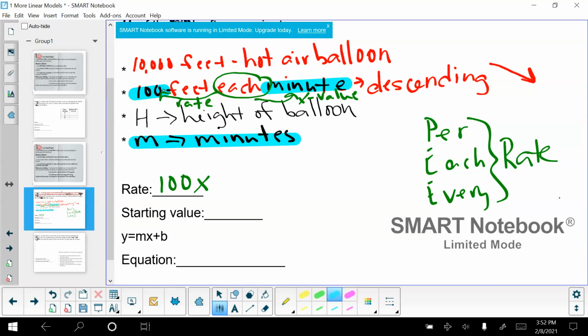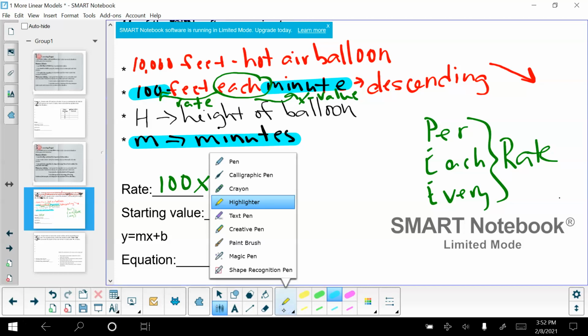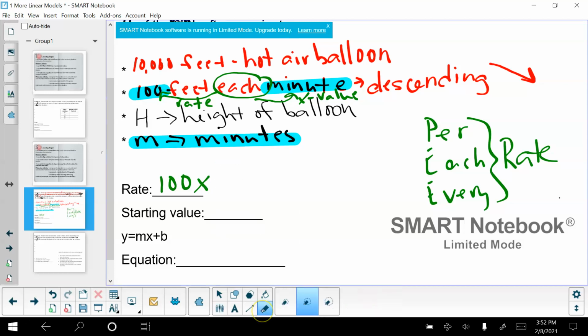Now, since the 100 is the rate, it goes with the x, but since they want us to use m for minutes, and I now know that minutes goes with the 100, I'm just going to come back and change this and put an m there, to indicate that that's the variable I want to use, m for minutes.